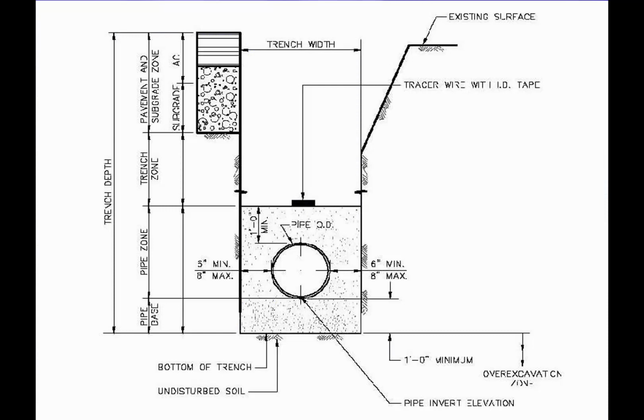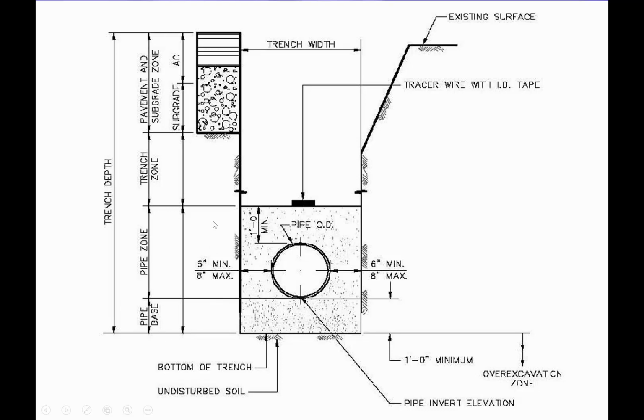So as we look at our trench and our pipeline installation and revisit some of those terms. Again, if you look at the bottom of this exhibit, you see the reference to the pipe invert elevation. Again, the elevation of the bottom of the pipe is the invert. What is referred to on this drawing as a pipe base is our bedding.